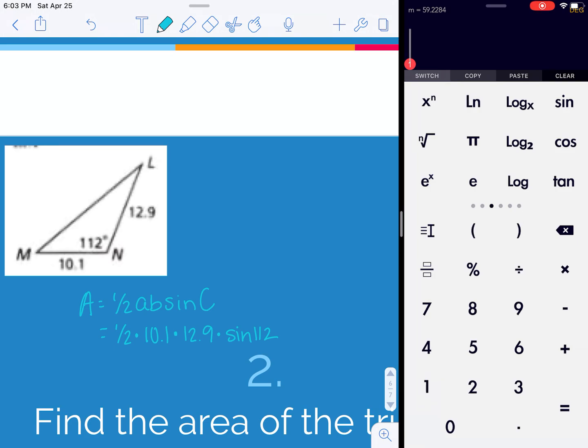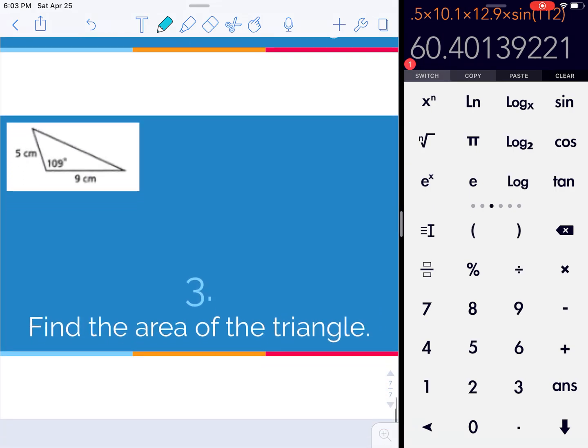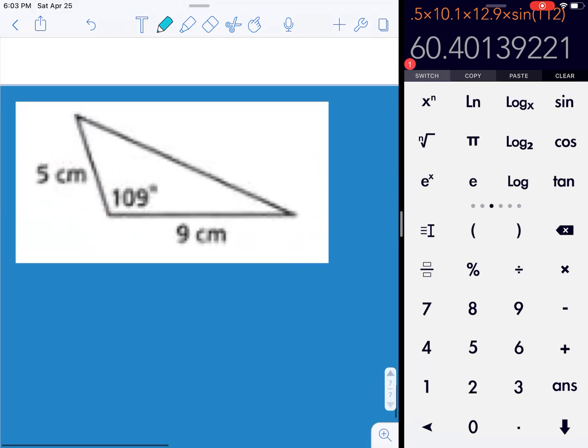Again, it does not matter which one is A and which one is B. As long as the angle is between those sides, it will not matter. And some of you are sitting here and you're like, how can you have the sine of 112 when that's not even a right triangle? In this case, it doesn't matter. It will work. And you're good. 60.4.